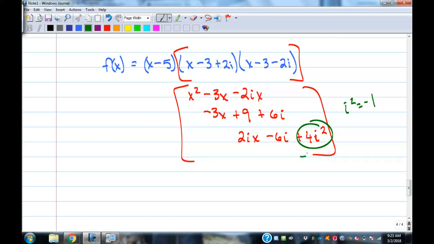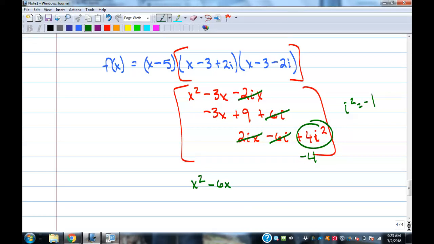It just changes the sign. Now simplifying: x squared doesn't have any other x squared, so it comes down. Negative 3x and negative 3x make negative 6x. Then we have a negative 2ix and a positive 2ix, and they cancel out. We have a positive 6i and a negative 6i, and they cancel out. Now we're left with 9 and negative 4.